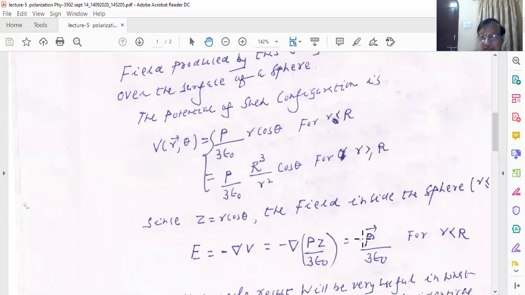That is in the minus k direction. And that's why you see this is minus vector P upon 3, which is opposite to the vector P. Opposite to the vector P is the negative z direction, that is the direction of minus unit vector k.